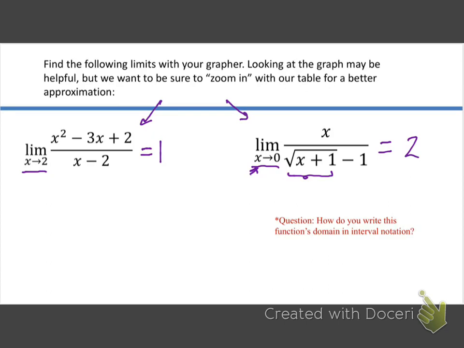Okay, so we have that. Also, let me write this down, x has to be greater than or equal to -1 because of that piece right there, the radical. Also, if x equals 0, then we run into another problem because we'll get the square root of 1, which is 1, and then in the denominator, 1 minus 1 will give us a 0, and we run into other problems.